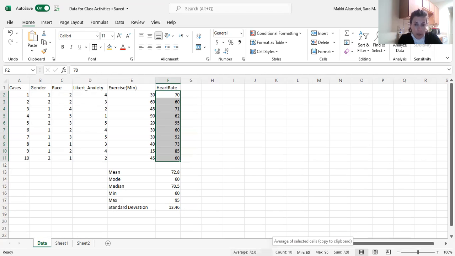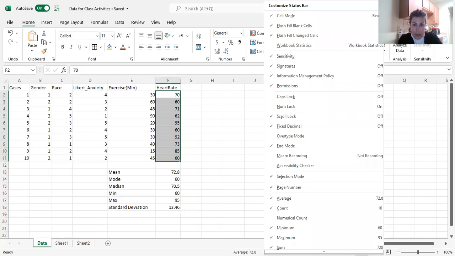And if you don't see these numbers, just right click on the bottom and then choose from here. You see there are many different values here, and you can just choose whatever you are interested in and you need. This even makes it a little bit easier.